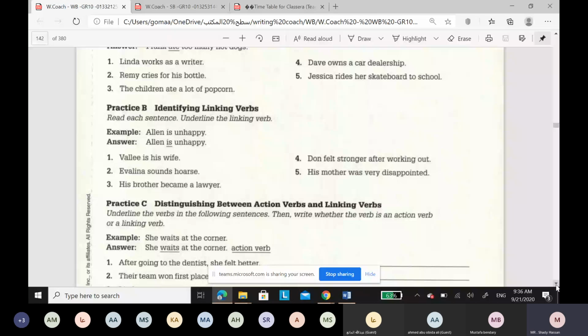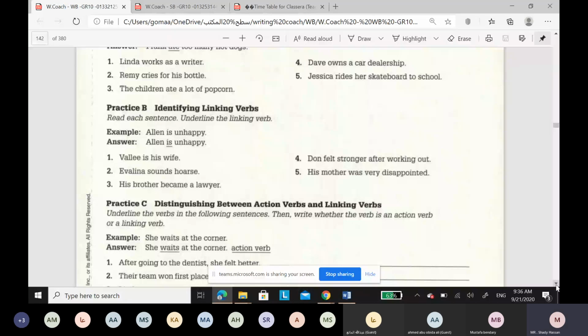Evelina sounds hoarse. Sounds. Yes, sounds. Good. Number three, his brother became a lawyer. So brother, became, or lawyer? Became. Thank you. Four, Don felt stronger after working out.